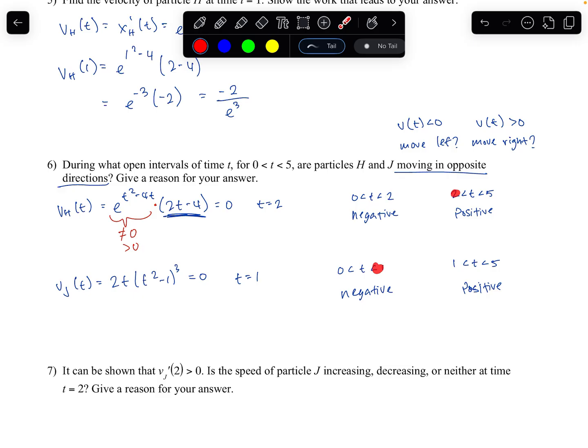to 2, that is where they have different signs, because from 1 to 2, this one is positive, but from 1 to 2, this one's negative. So from 1 to 2, I guess I could say VH and VJ have opposite signs.